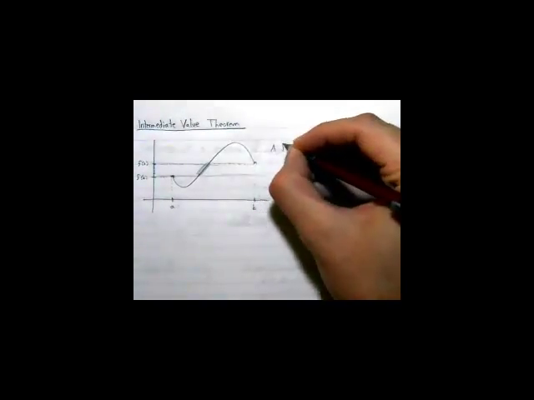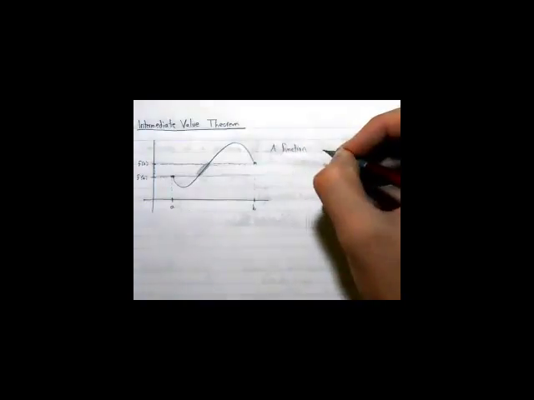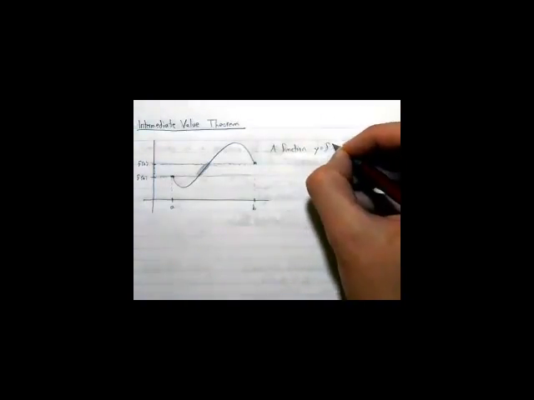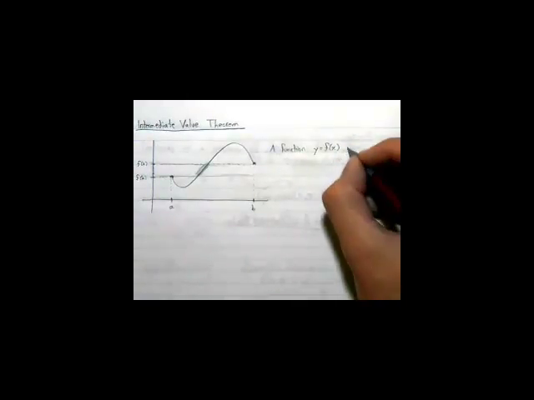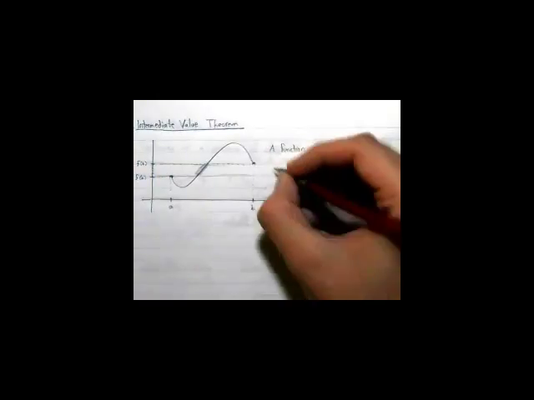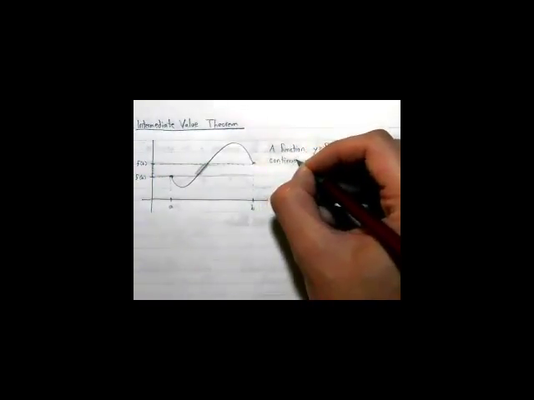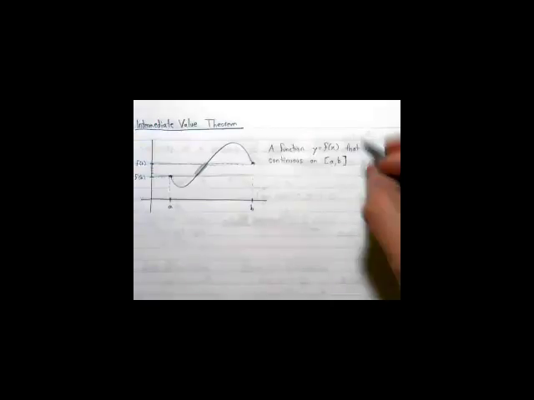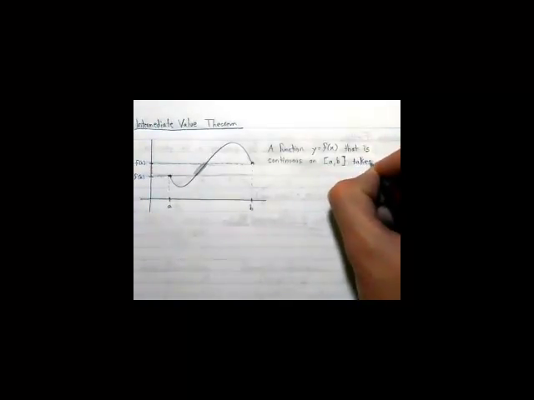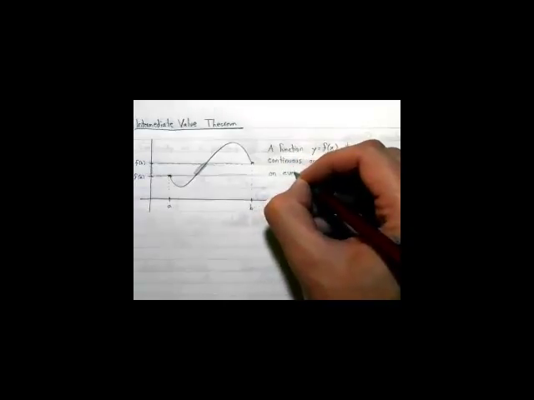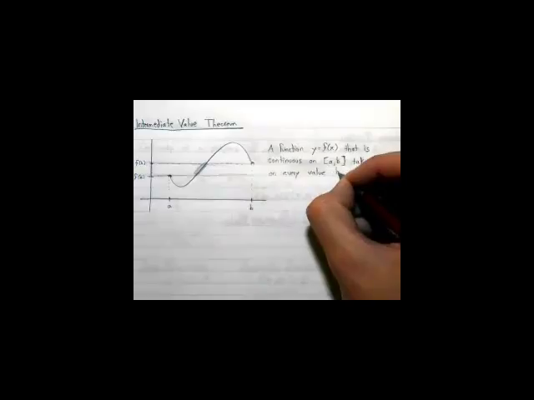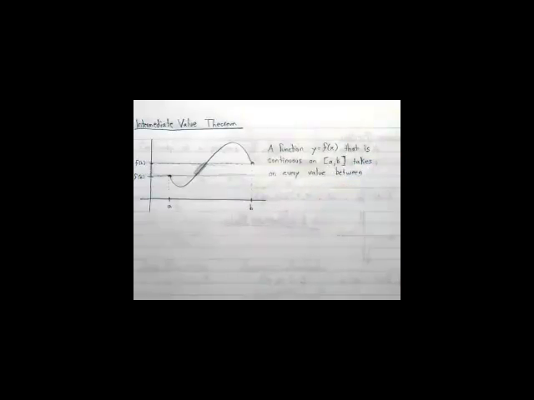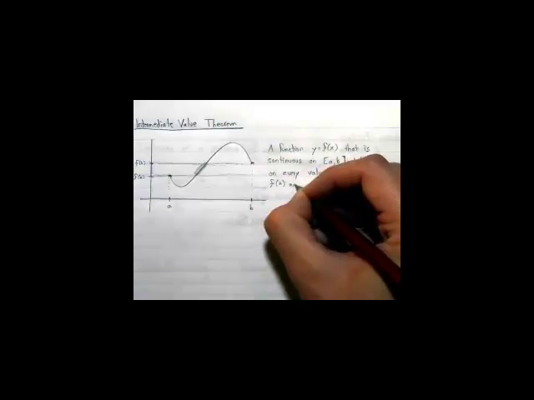It says a function y equals f of x that is continuous on an interval a to b, and it's called a closed interval because we're including a and b, takes on every value between f of A and f of B.